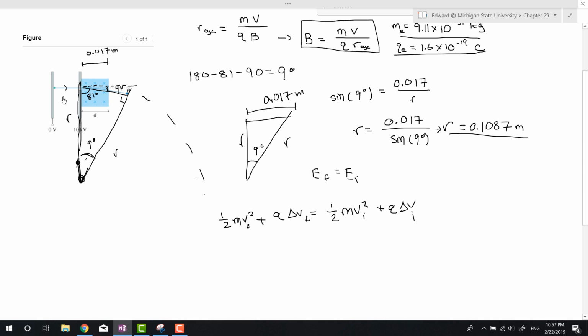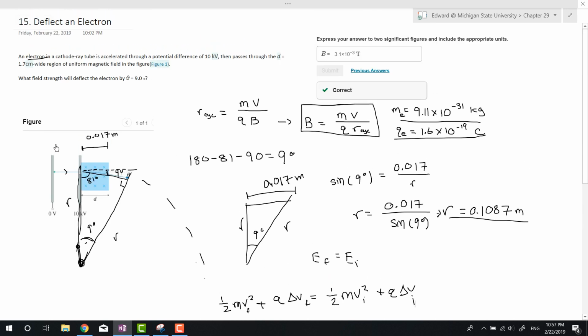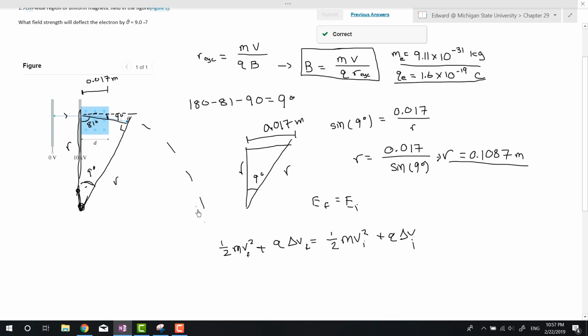Initially, we don't have any kinetic energy because it's accelerated towards the right for a uniform magnetic field, so the velocity is going to be 0 initially from this point, right? So this all goes to 0.